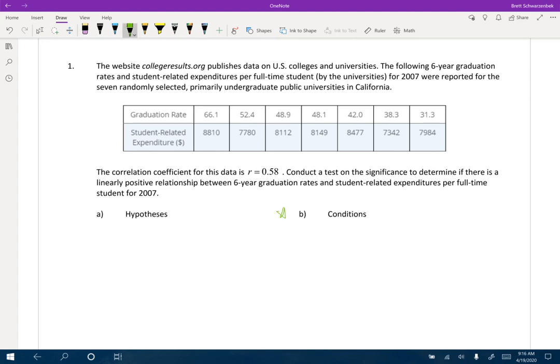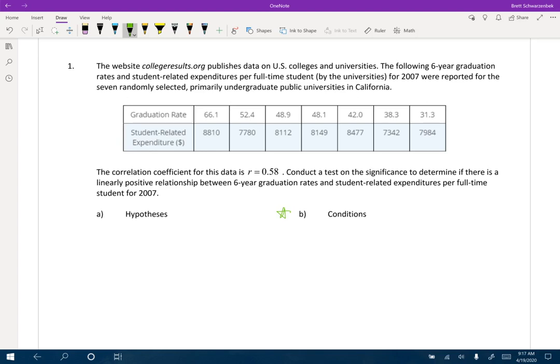So I'm going to be sort of short there, but I'm still going to mention what you have to do. So it says, number one, the website collegeresults.org publishes data on U.S. colleges and universities. The following 6-year graduation rates and student-related expenditures per full-time student by the university for 2007 were reported for 7 randomly selected, primarily undergraduate public universities in California.